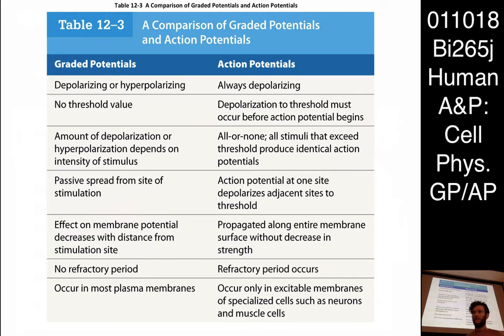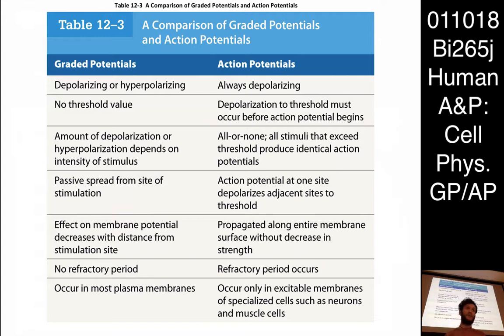And there is a refractory period for a number of reasons. But one of the consequences of the refractory period is that it prevents an excitable membrane from going through indefinite periods of depolarization. You can't have a backflow of the action potential.